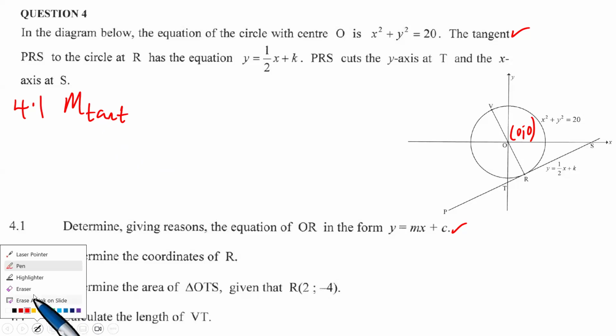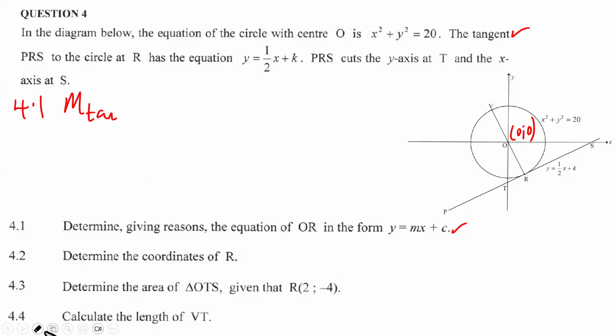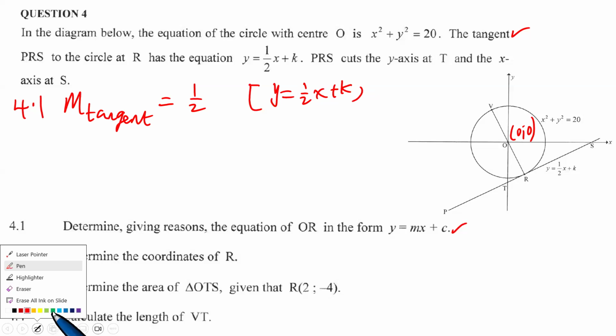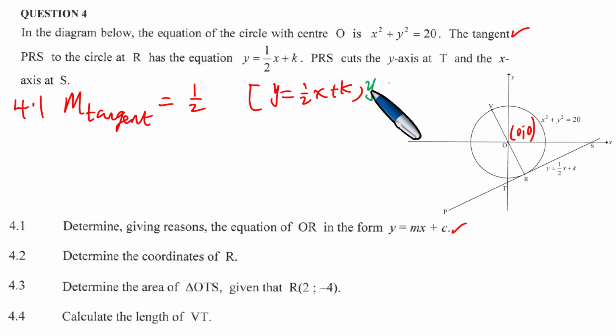The gradient of the tangent is 1/2. What is this tangent doing? It is touching the circle at only one point. And why are we saying the gradient is this? Because the equation is y equals 1/2 x plus k, in the form y equals mx plus c.